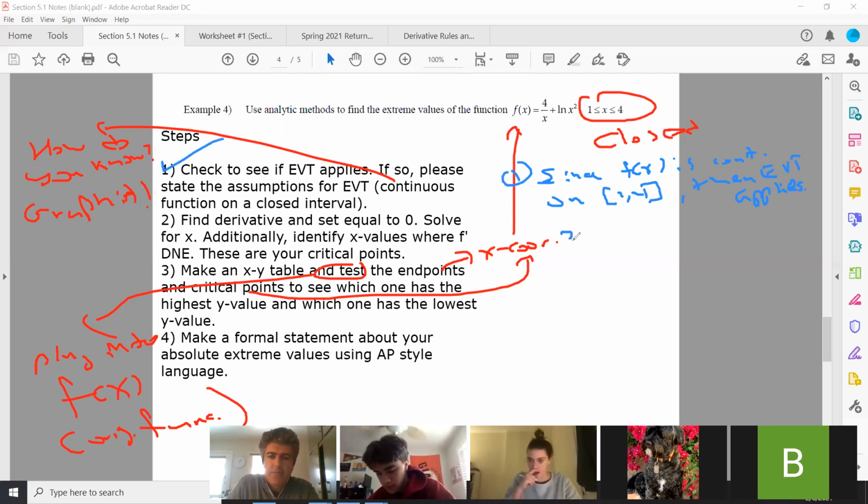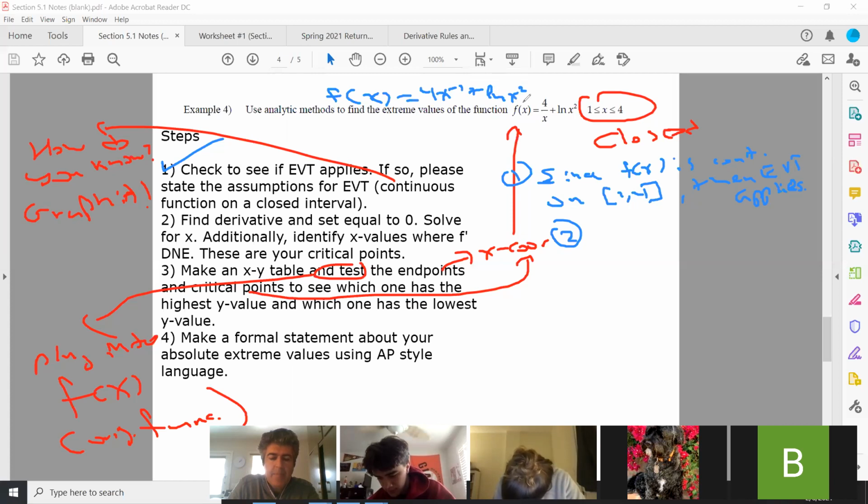Step 2, take your derivative. Now, if you're a little rusty, that's okay. Remember, you can rewrite f of x as 4x^(-1) plus natural log of x squared, by the way.